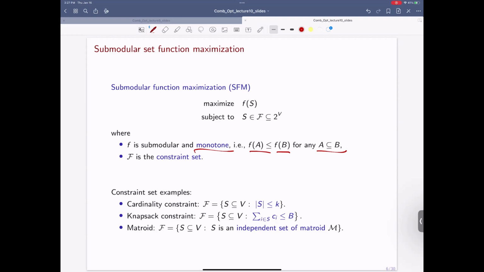One example is that there's a partition of the elements, and I can hire at most one person from each part. That can be modeled using a matroid. So I'm allowed to take an independent set of a matroid. That's another example.